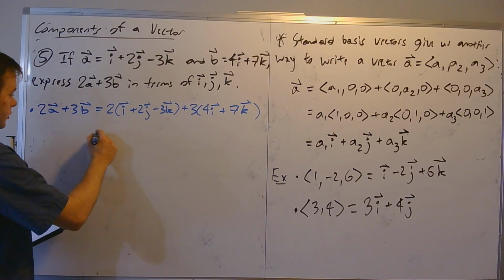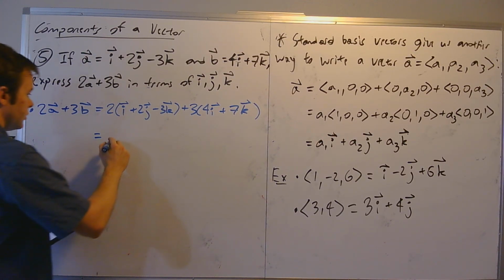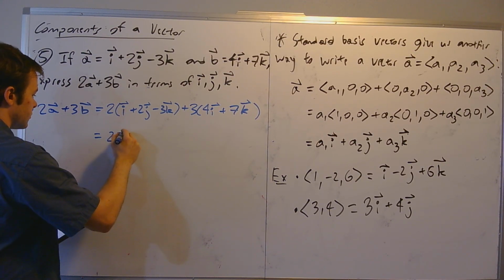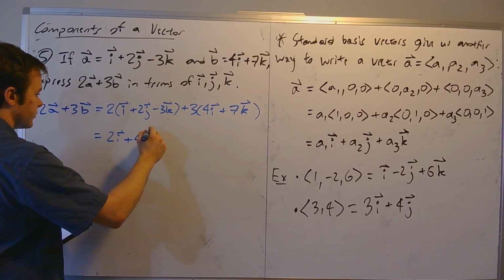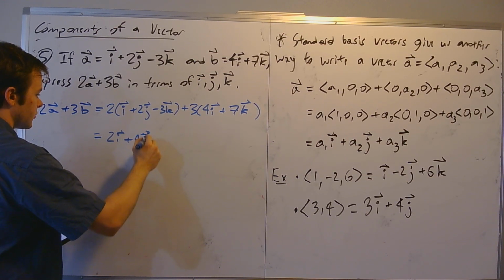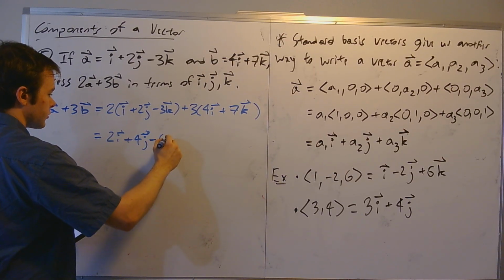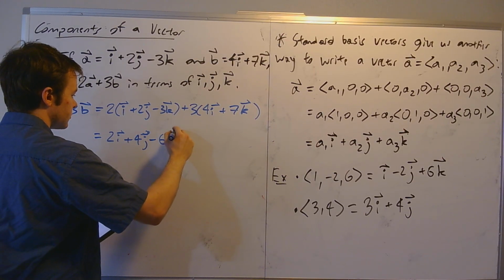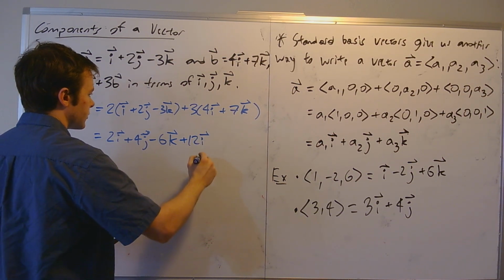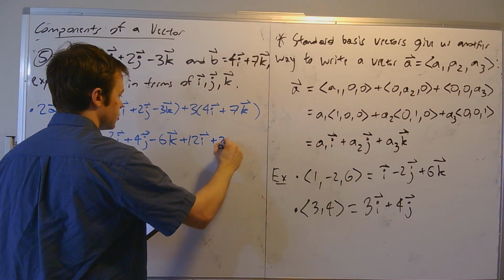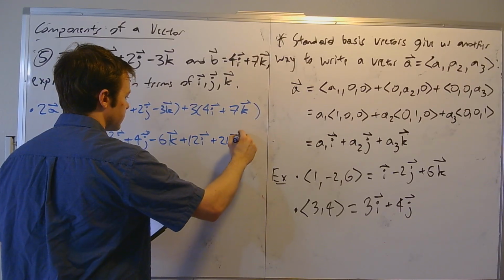So if we do that, we're going to get 2 times i plus 4 times j minus 6 times k plus 12 times i plus 21 times k.